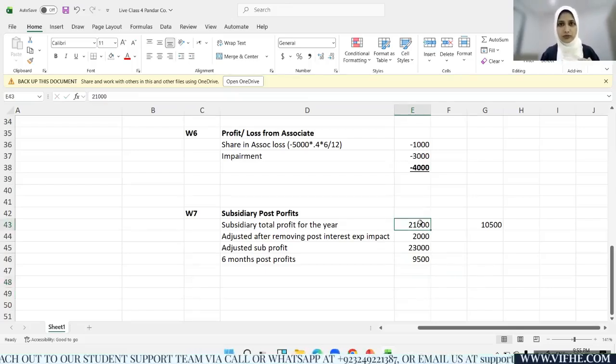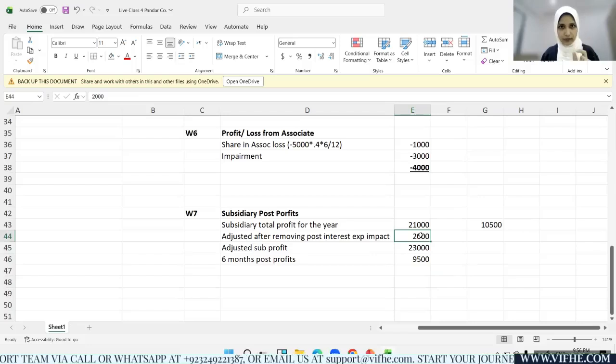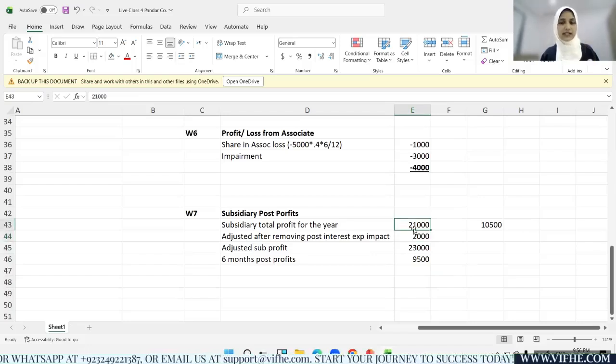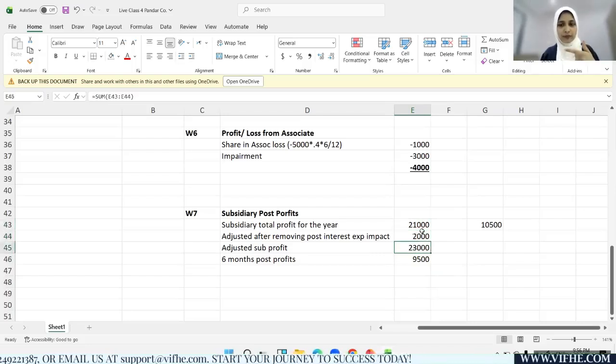You have your usual full profit, and you remove the post acquisition adjustment impact. To remove it, you can't do minus because it's an interest element, so you'll have to add back. This must have been deducted; that's how you came to 21,000. You want to go to the profits before considering the interest element, which is 23,000.